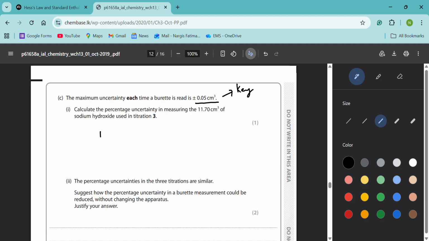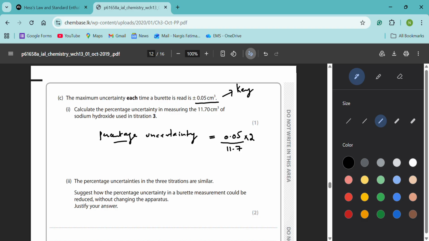So when you are calculating the percentage uncertainty, you have 0.05 and you have the volume, the burette reading, 11.7. But because you are taking the percentage uncertainty of the burette reading and you take the burette reading 2 times, initial and final reading, you will multiply this by 2.